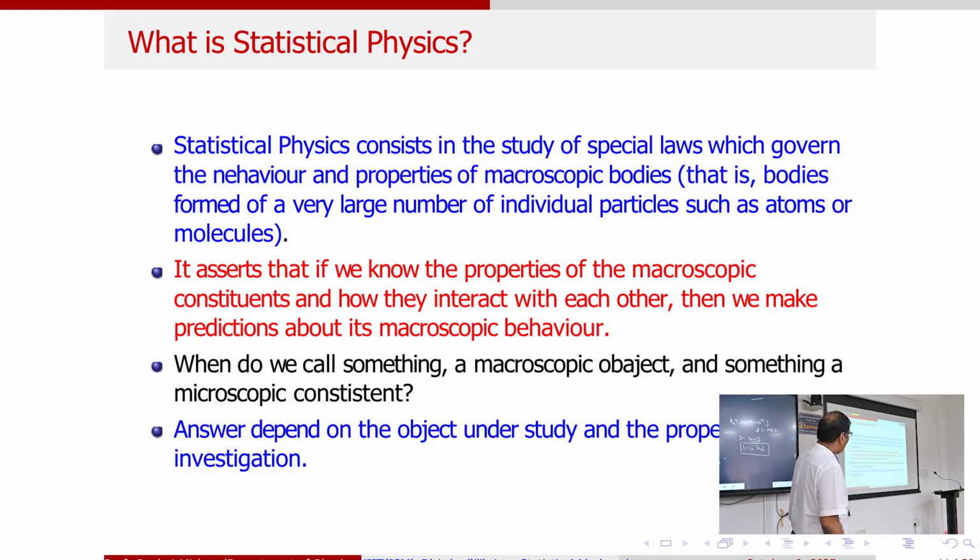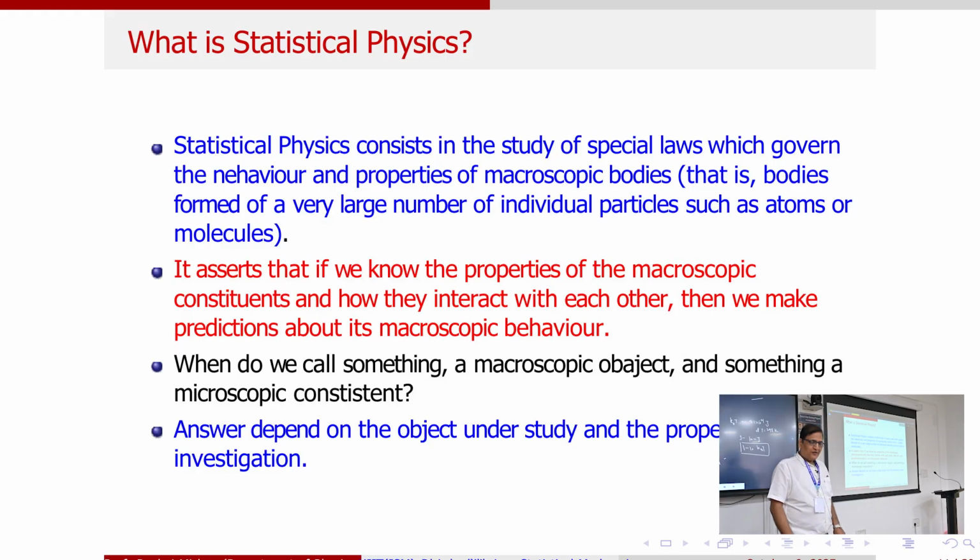This subject asserts that if you know the properties of the microscopic constituents and how they interact with each other, then we can always make predictions about its macroscopic behavior.